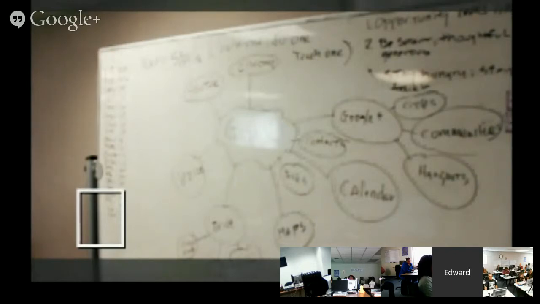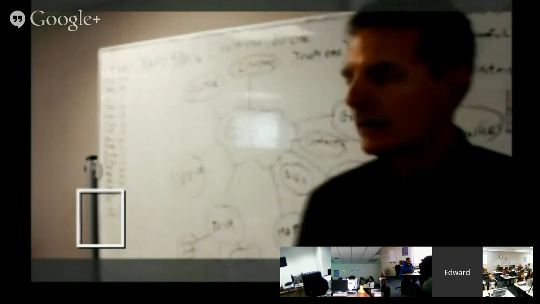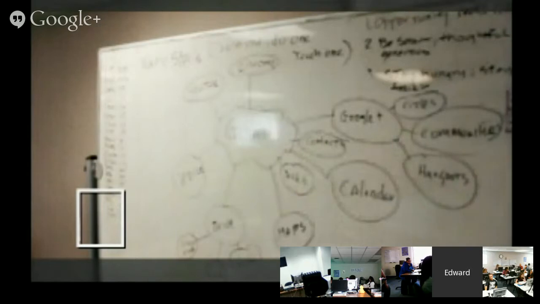So if you get to your Gmail, what we're going to do is go to settings. So click on the gear. Does anybody not see that? You see it? Okay, Cody's there. How about you, Justin?